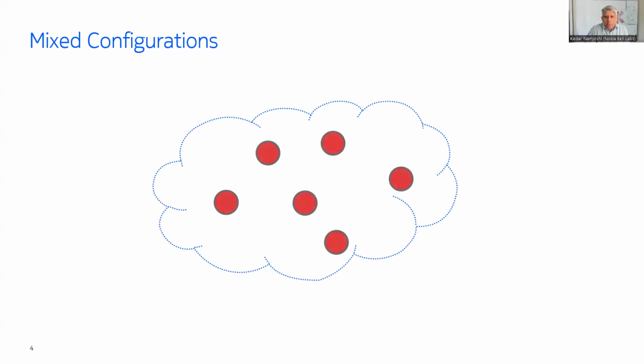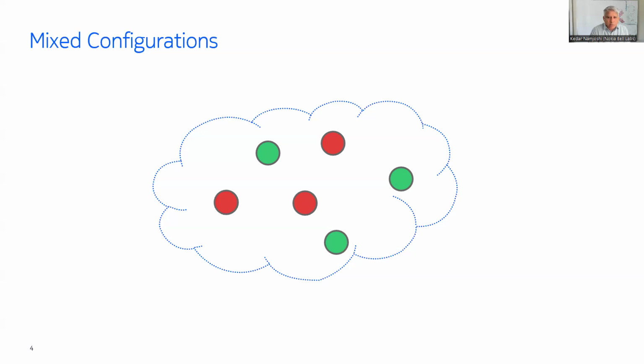So the problem, as we have alluded to, is with mixed configurations. Since we can't update the entire network in one shot, we have to update routers one at a time. So we have some routers turning green over here. During the update, part of the network will be in its red configuration, that's the original one, and some of it would be converted over to the green configuration, which is the new one.